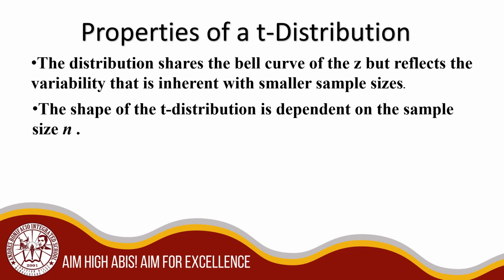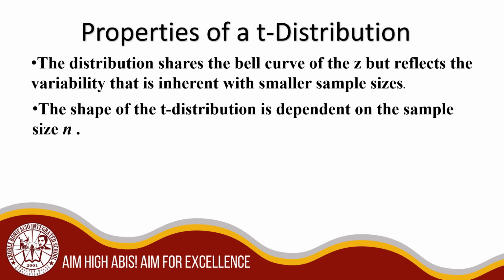Next, the shape of the t-distribution is dependent on the sample size, and so nakadepende sa sample size na meron ang shape ng t-distribution. We all know that t-distribution has a sample size that is less than 30. So, pag masyadong mababa pa sa 30 yung sample size, yung shape ng t-distribution ay mababa din.